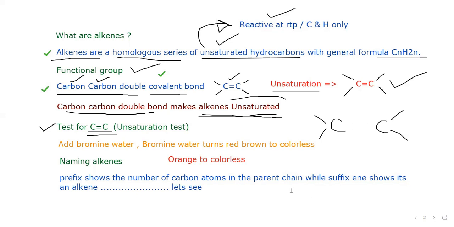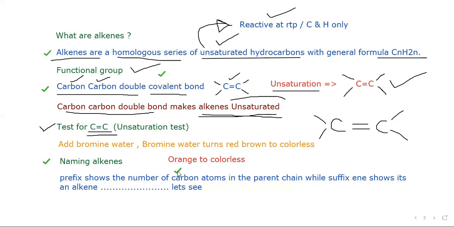Now, heading towards the next learning objective, that is naming alkenes. How the alkenes are named. Alkenes are named first by writing the prefix, and the prefix shows the number of carbons: eth, prop, but, pent, like that.